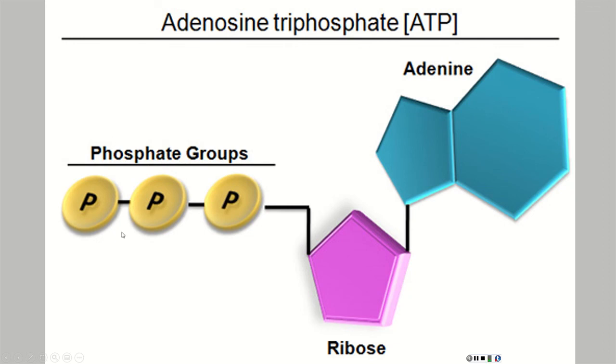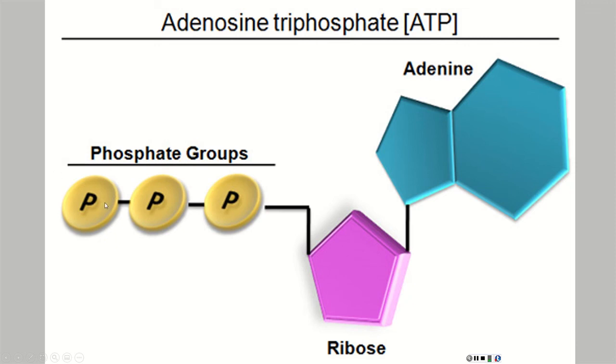So let's see how ATP works to power chemical reactions. If a molecule of ATP comes along and gives away one of these phosphate groups to another molecule, we say that we have phosphorylated the other molecule. Phosphorylation is taking a phosphate group from one molecule and putting it onto another molecule.